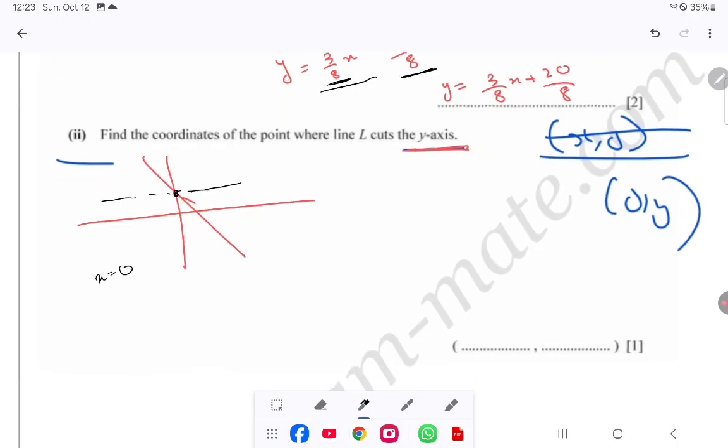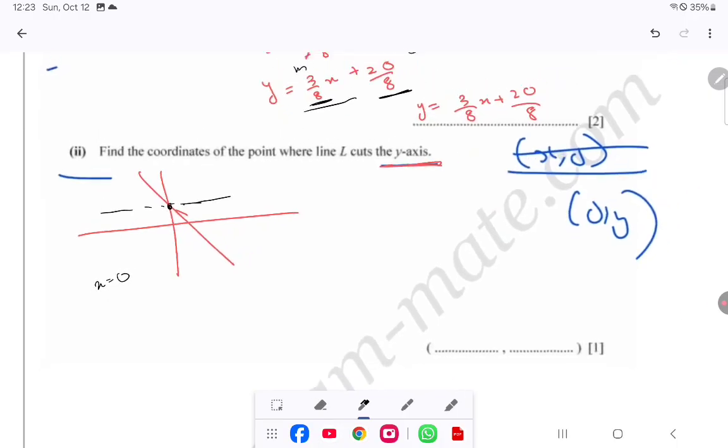So from this equation y is equal to 3 over 8, x is 0, plus 20 over 8. Y is equal to 20 over 8 or 4 over 10, which is 2.5.